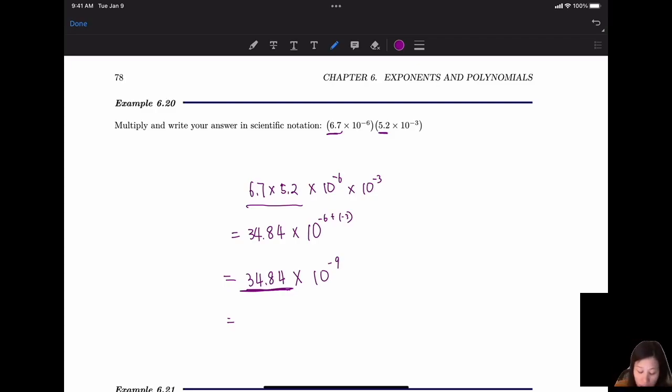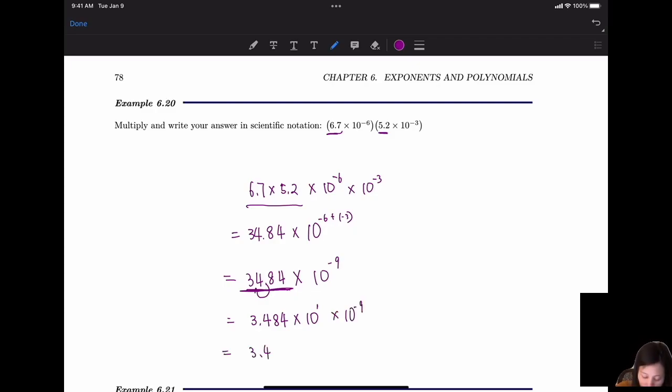What we want to do is move the decimal to the right. So that means we have 3.484 times 10 because we moved it 1 place. So there's 1 times 10 to the negative 9.